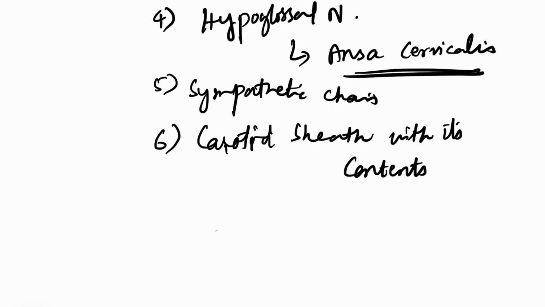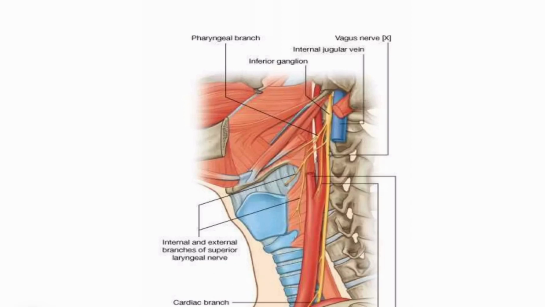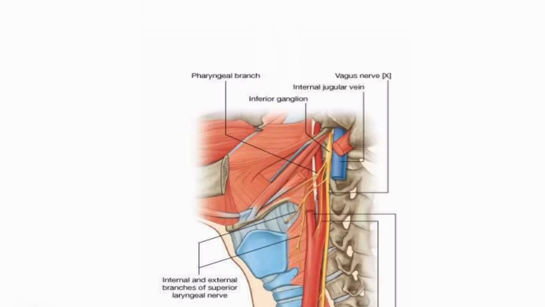Okay, so let us see the diagrammatic representation of these contents of the nerves. Here the most important one is the vagus nerve, and the superior laryngeal branch of the vagus nerve and other nerves.